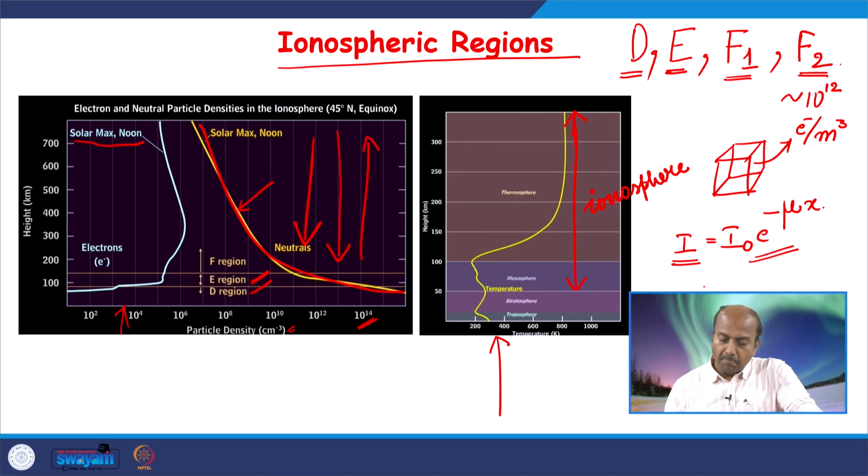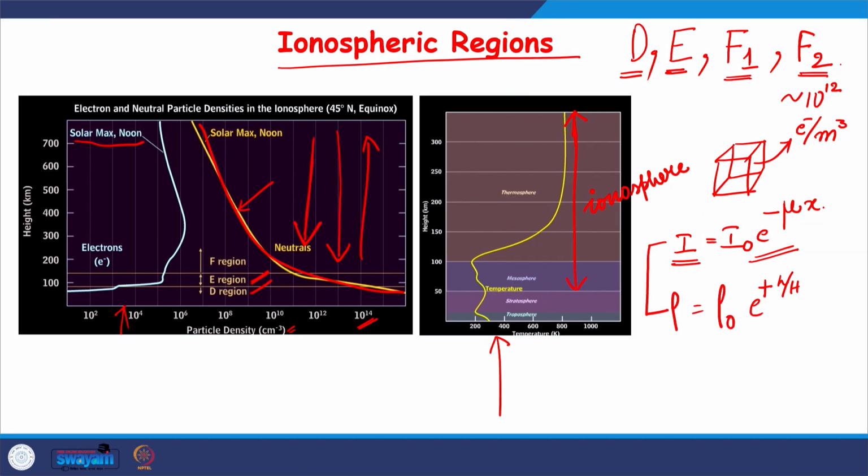At the same time, because of the pressure, P equals P naught e to the power of minus h by H. It is equally true in terms of density: density is decreasing as you go towards higher altitudes, so density towards the surface is increasing exponentially, right?